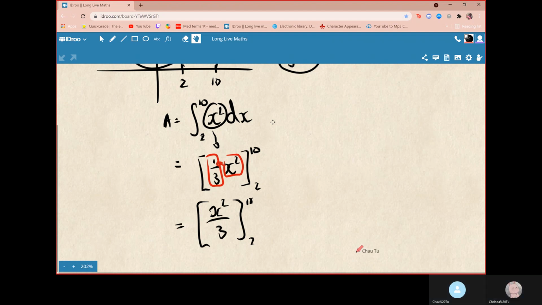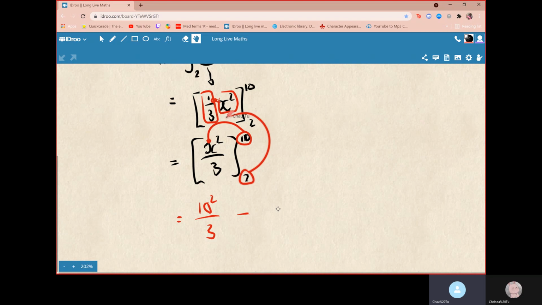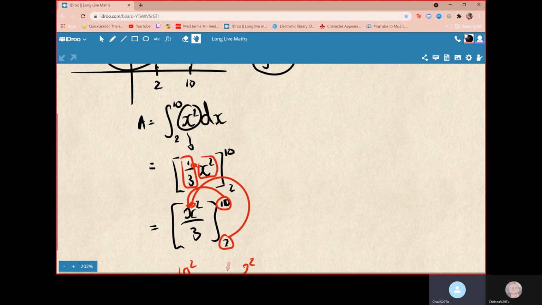Now, here's a weird thing, Chelsea. To work out the area, someone discovered that if you put a 10 into the x, that would be 10 squared over 3. And then you take away, and then you put the 2 into here. So that would be 2 squared over 3. That will then give you the area.